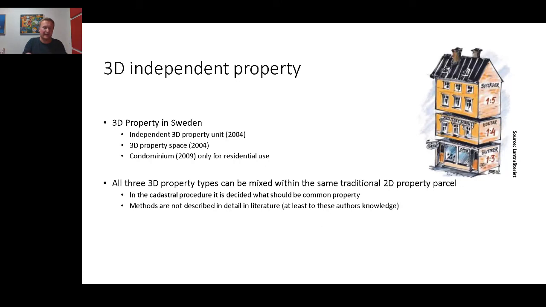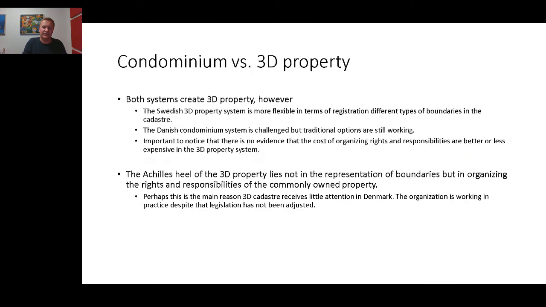It rests on a legislation that is not developed to support the market demands. So the Swedish system is probably more flexible than the Danish, but the legal situation is probably the same. So you can say that the Danish condominium system in many ways was not designed to handle the situations that we see in the marketplace today, but it actually still works without any complaints.